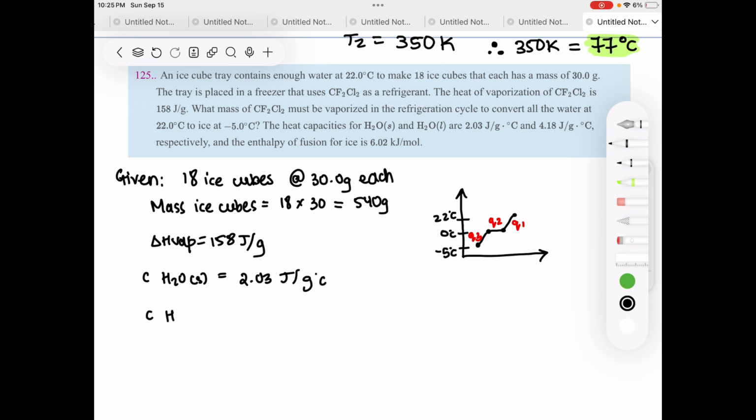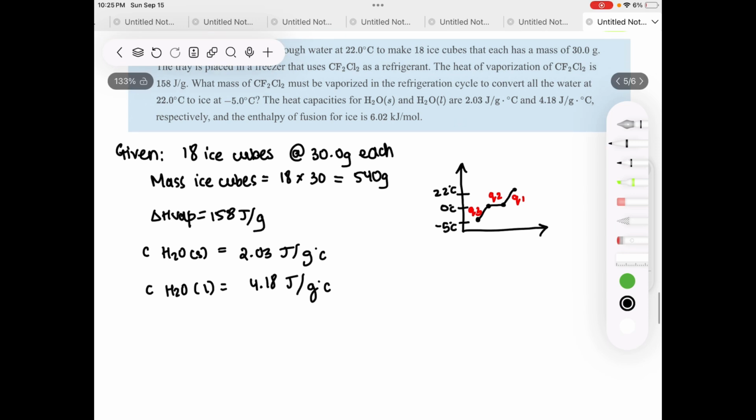The heat capacity of H2O liquid is 4.18 joules per gram degrees Celsius. And we are given the enthalpy of fusion, which is equal to 6.02 kilojoules per mole.